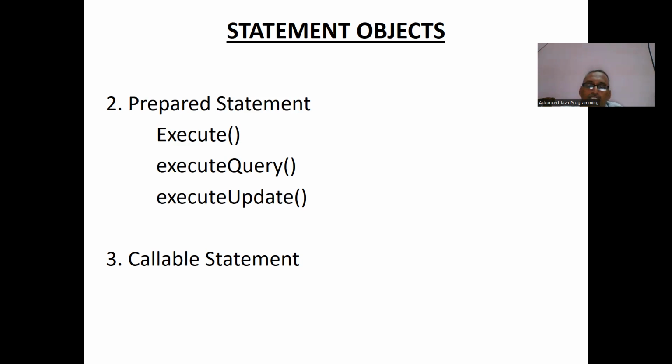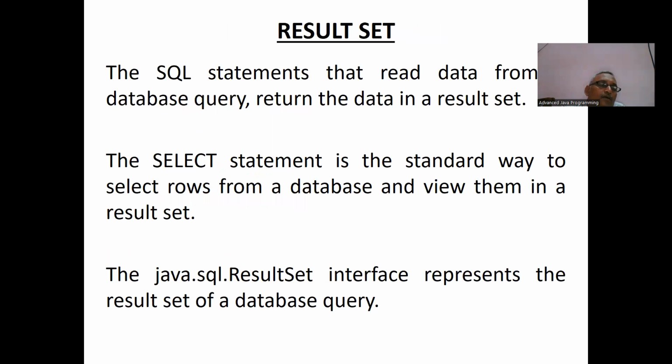Next, we will move to result set. The SQL statements that read data from a database query return the data in a result set. The select statement is the standard way to select rows from a database and view them in a result set.